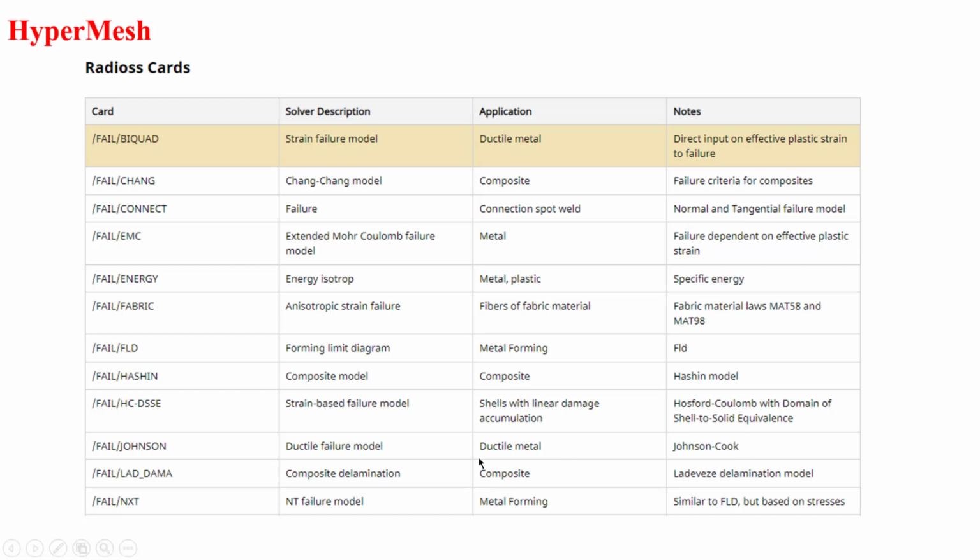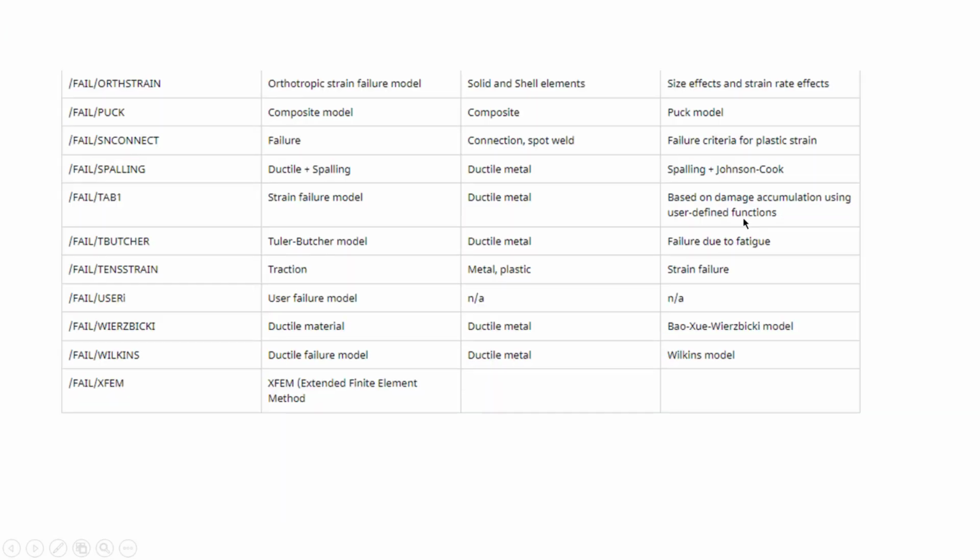If you are going to deal with failure of ductile material, we consider the Johnson Cook model. We can even consider the Biquad card for ductile materials. For composite we have this Chang card. So like that we have different cards for each and every analysis.